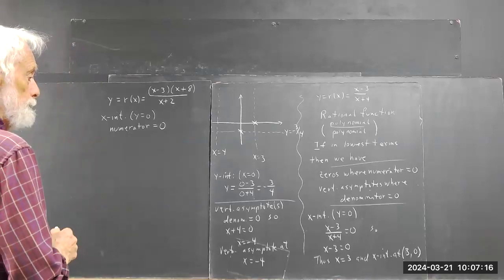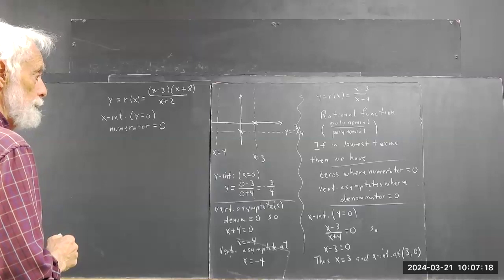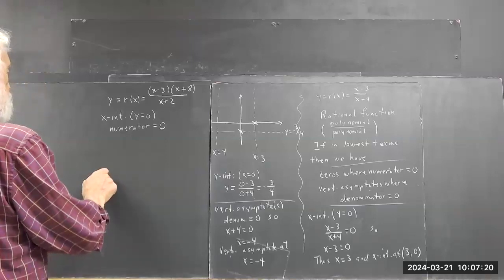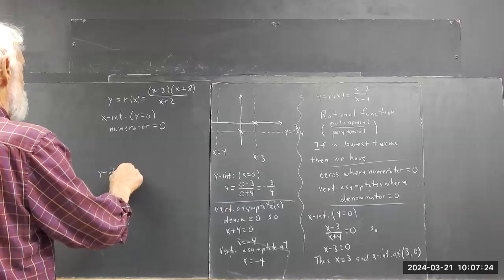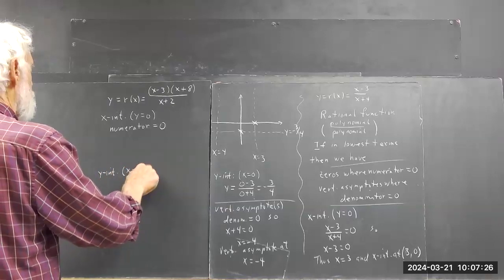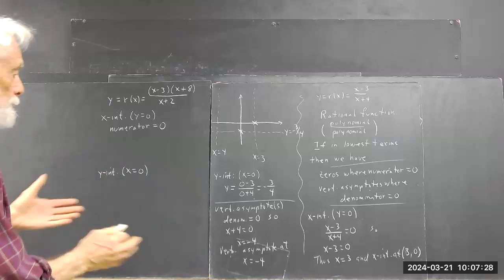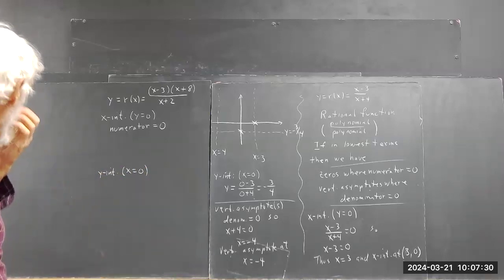Then the y-intercept occurs when x equals 0, so you work that out.